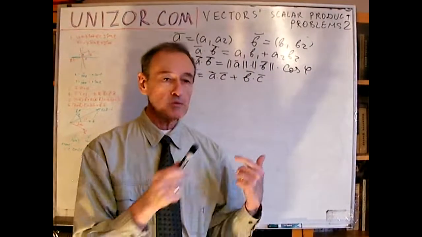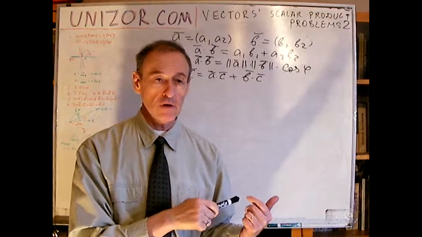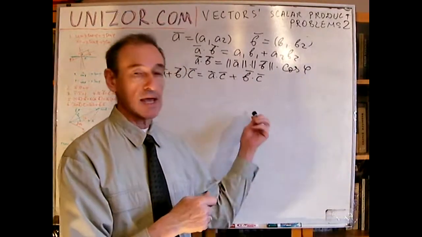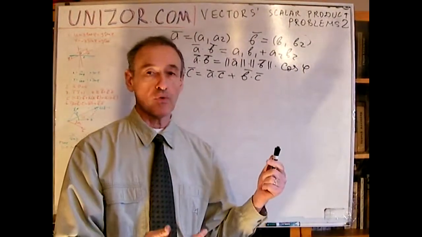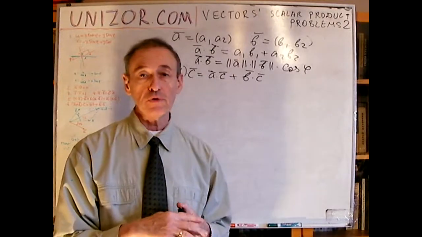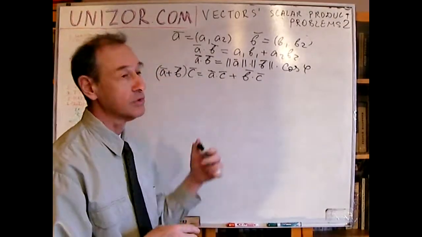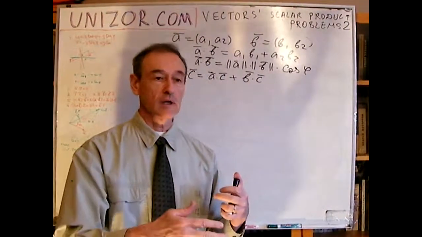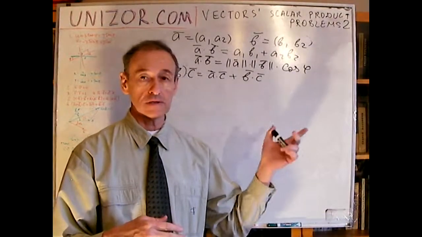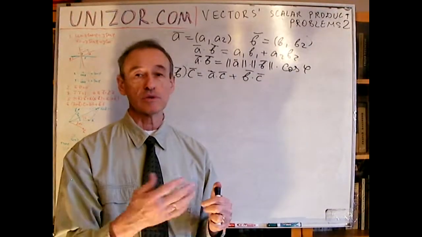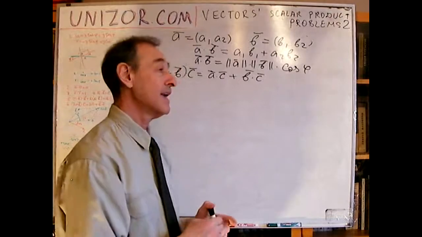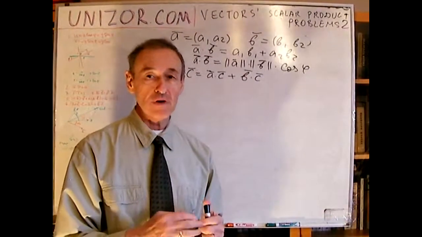Now, when we were talking in the previous lecture about the same distributive law in coordinate form, it was actually very easy to prove, because the distributive law between the vectors in the scalar product was reduced to distributive law among numbers. Geometrically, it's a little bit more involved.